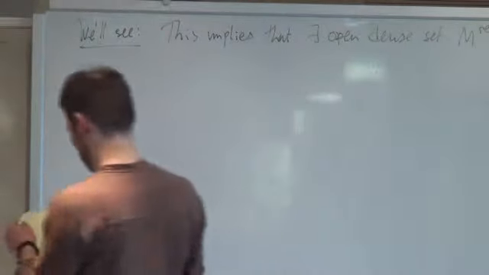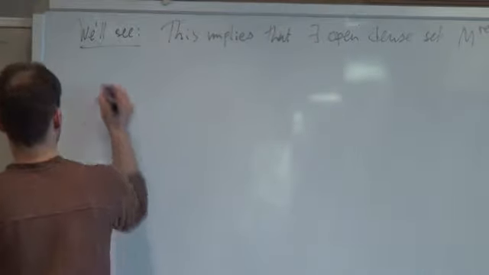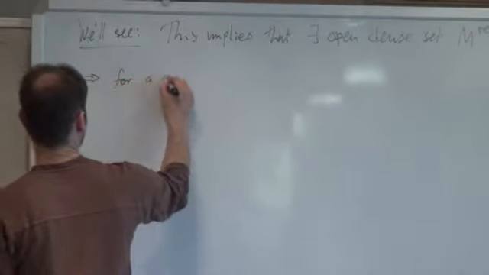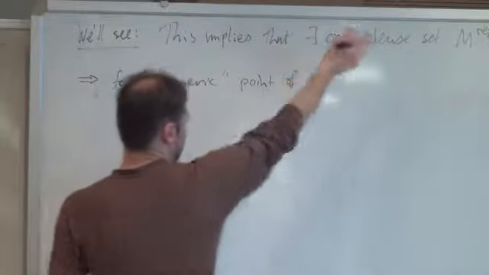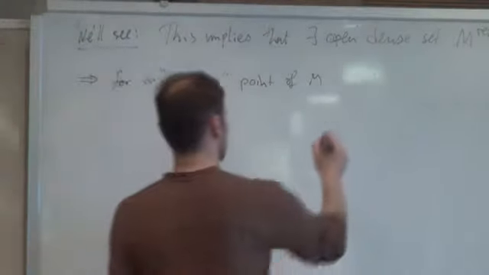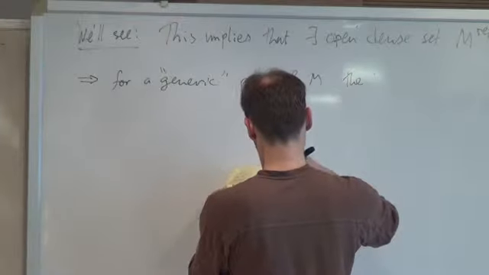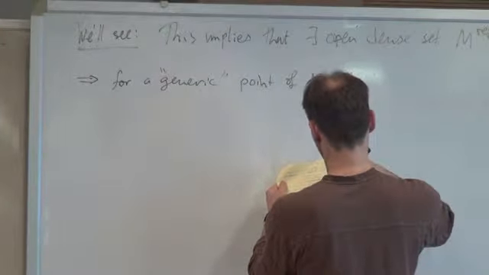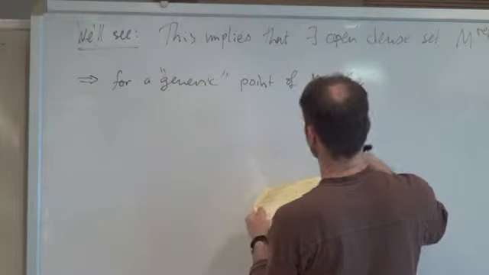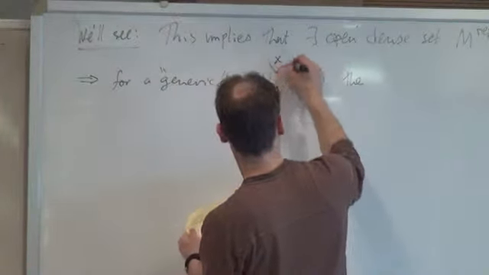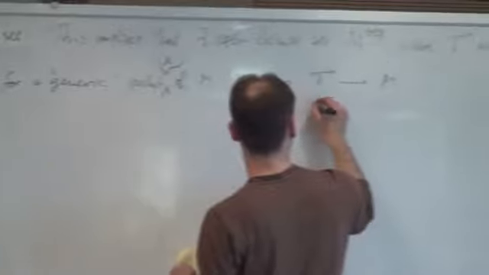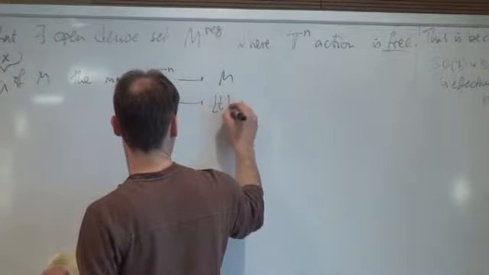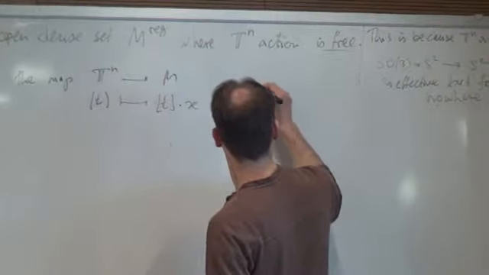Right, and that tells you that for a generic point of M, meaning for a point in an open dense set, well, let me call it X of M, the map from the torus to M that takes an element and just pushes X around, here Tn, is an embedding.